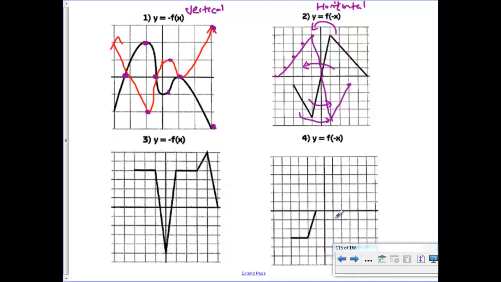Okay. Let me do a couple more of these. This one would look like this. And for this one, let's find some key points here. It would look like that.